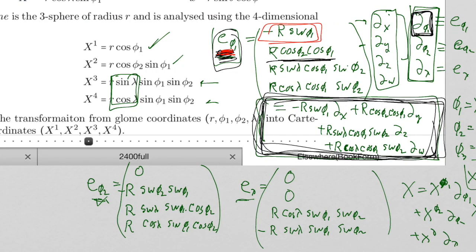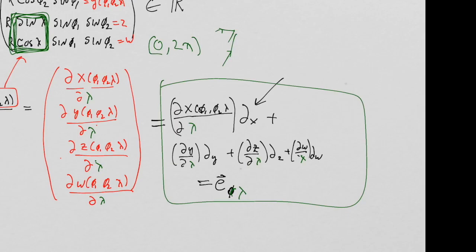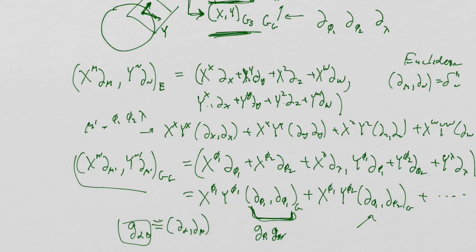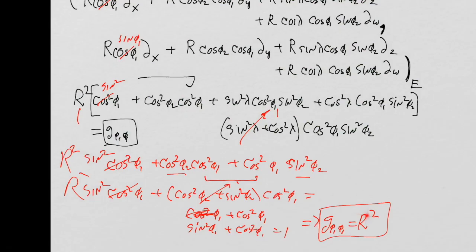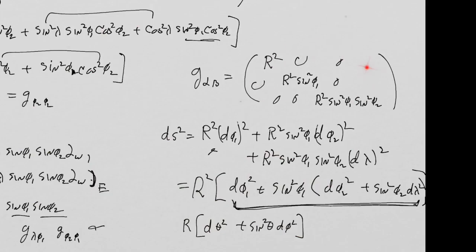We showed how you can take an embedded surface and discover the metric of the embedded surface by utilizing the metric of the embedding space, and in this case it was Euclidean space. The point being that the Euclidean space is simple, we understand its metric very well, and now we've gone through this whole massive process and we learned that the metric of the embedded space is going to be somewhat complex.